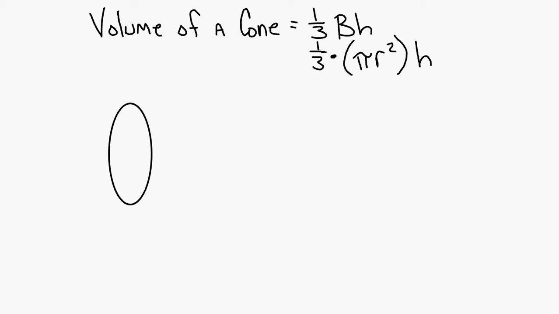So if you've got to find the volume of a cone, you just need to be careful of the dimensions that they give you and make sure you use the proper ones.